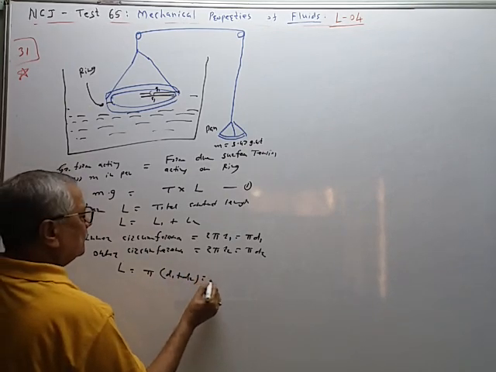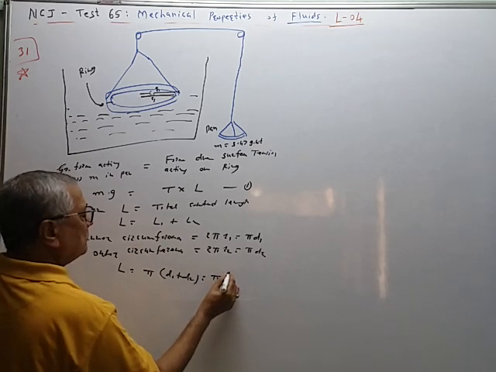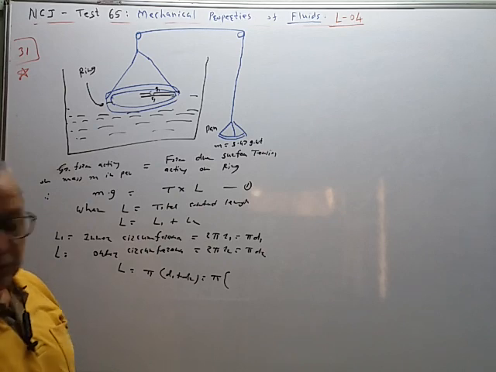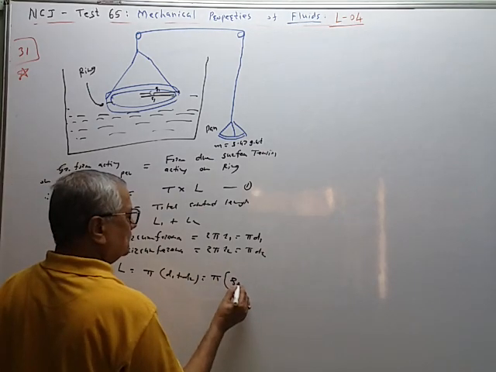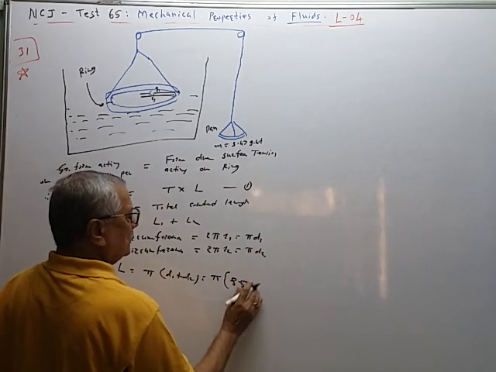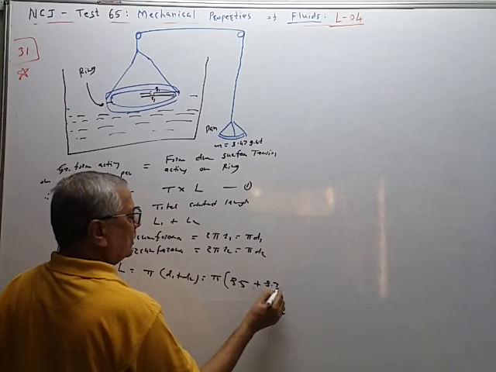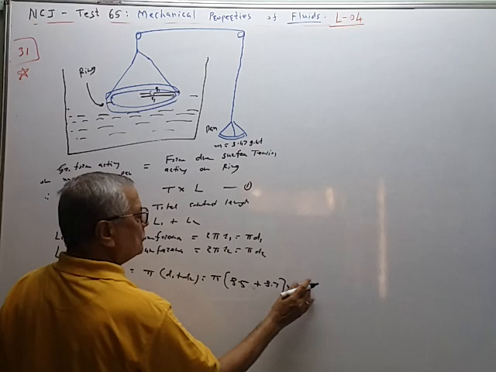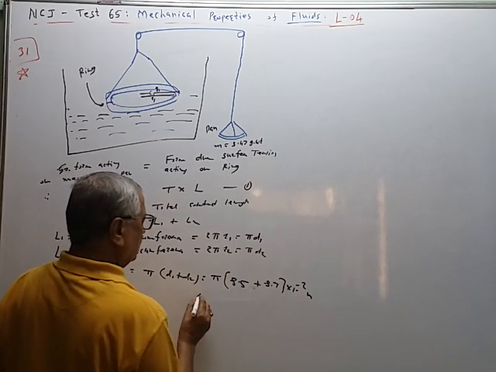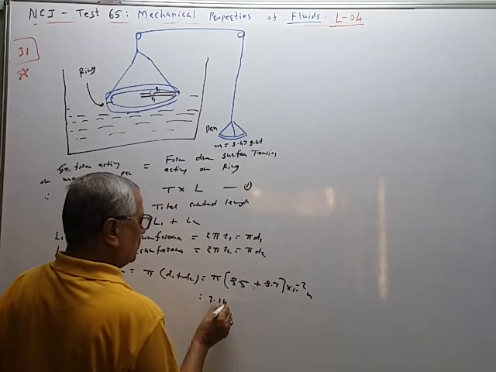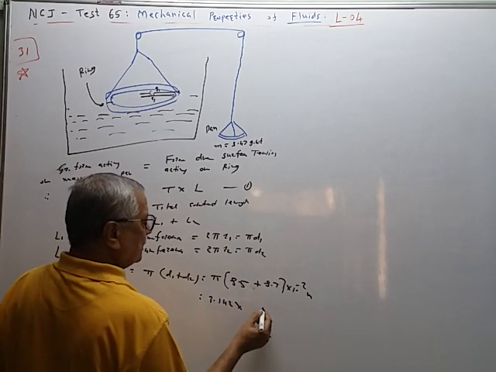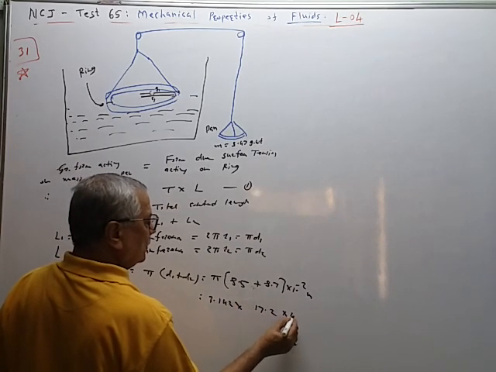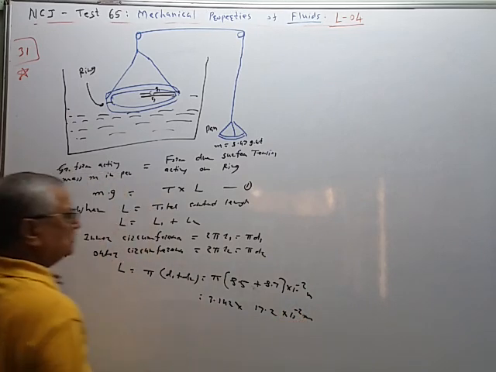So this is equal to pi multiplied by d1 is equal to 8.5, d2 is equal to 8.7 into 10 raised to minus 2 meter. So 3.142 multiplied by this value is into 10 raised to minus 2 meter.